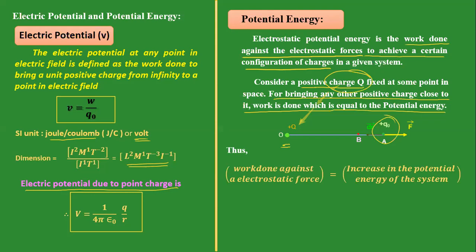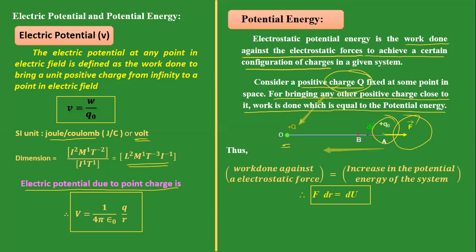Thus, we can write that the work done against the electrostatic force is equal to the increase in the potential energy. If you see, when we are bringing this charge in this direction, some work is done against the electrostatic force F. So we get one formula here. Work done is force into displacement.